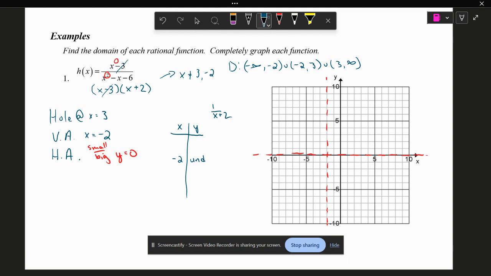I'm just going to see if I can plug in some numbers that are close to that undefined, so I can get a general idea of whether my graph is going to look something like this, or something like this. And usually 2 to 3 points will do it. It's up to you if you want to do more than 2. So negative 1 and 0, if I plug those in, I end up with 1 over 1 and then 1 over 2.